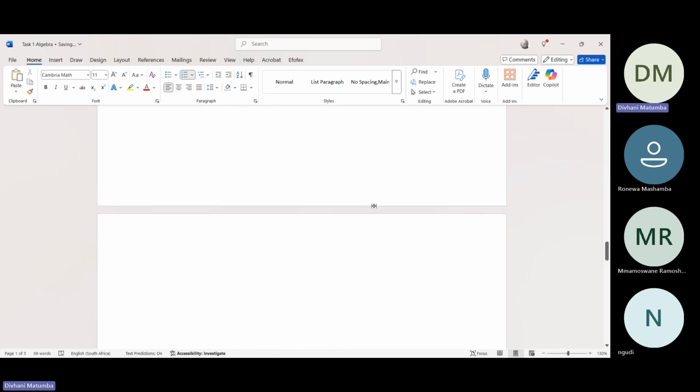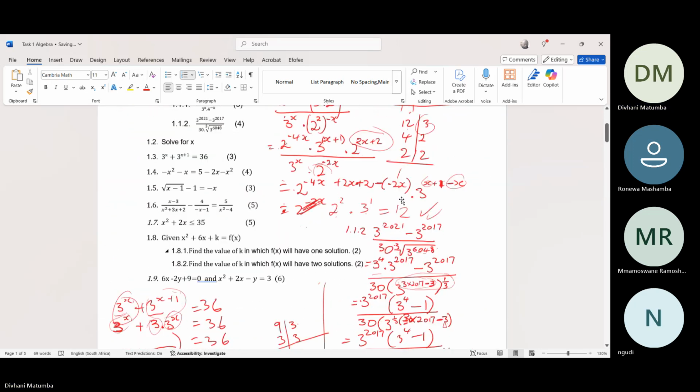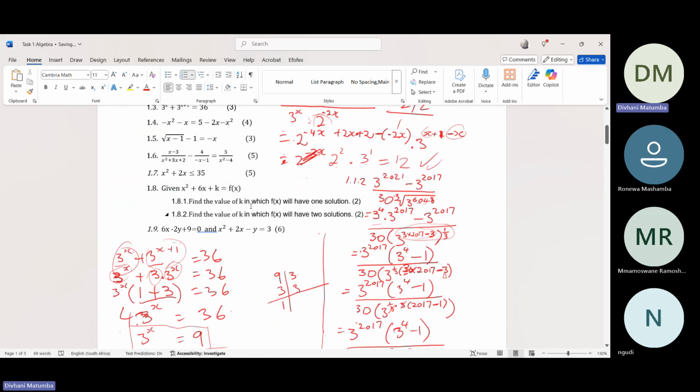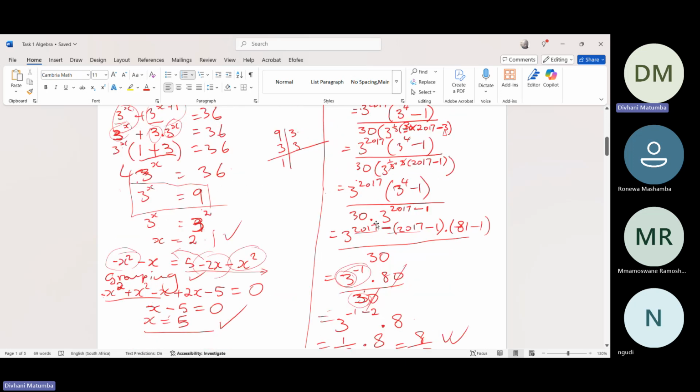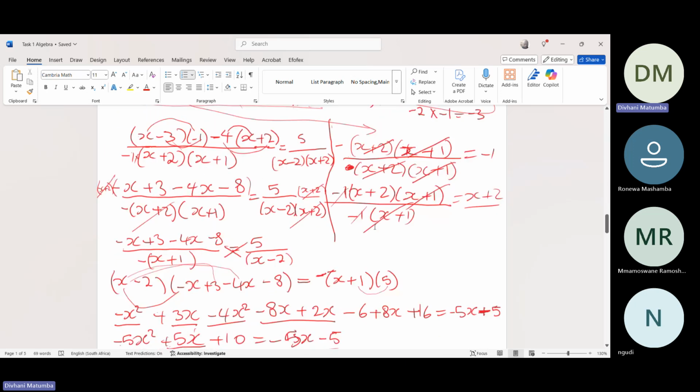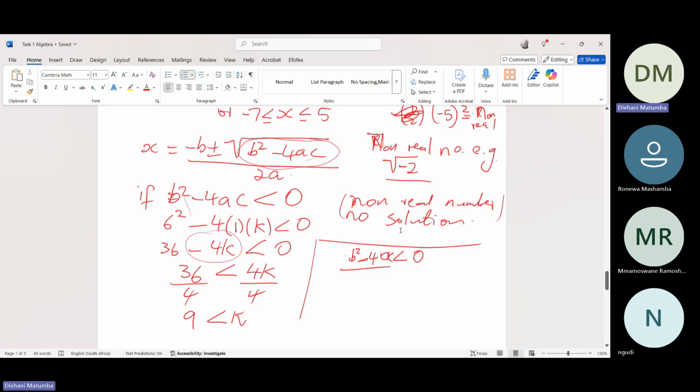So if you go back to the question, it says find the value of k in which your function f of x will have no solution. No solution means that your solutions are not real.